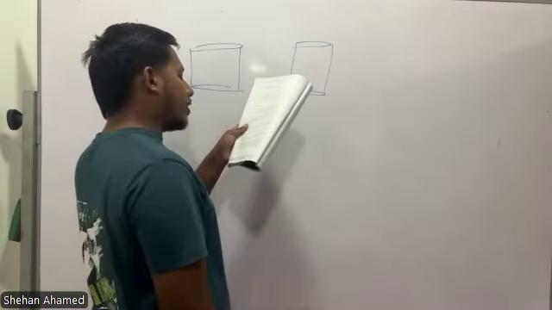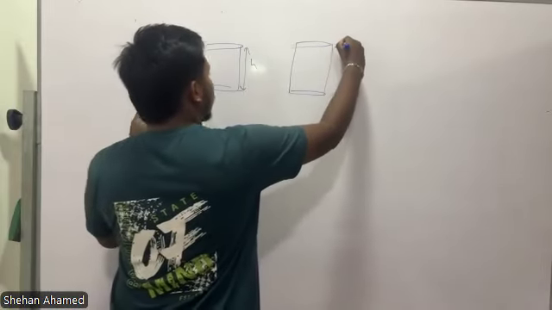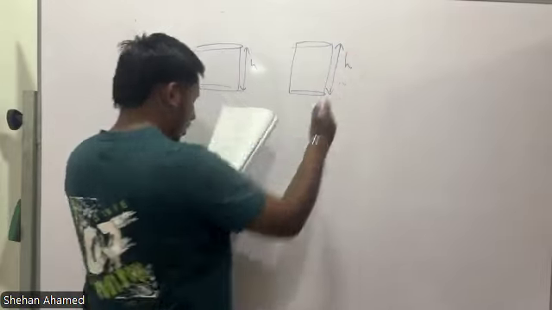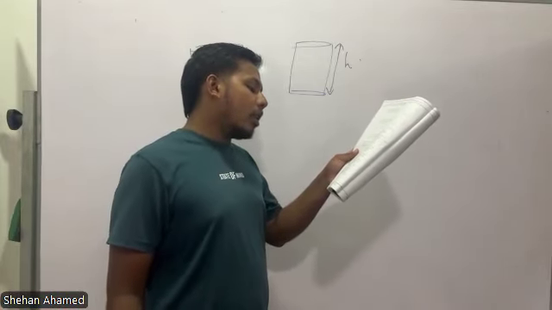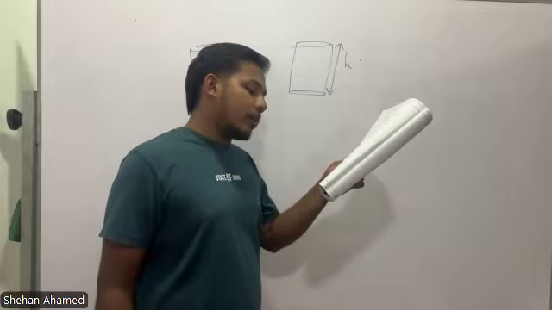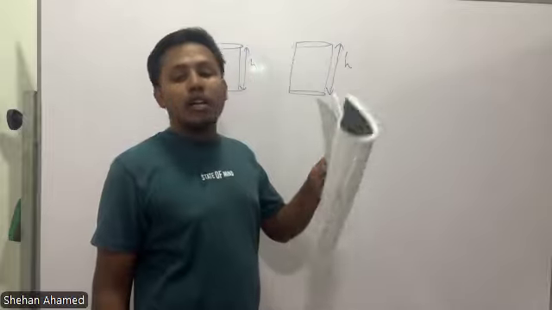So they're telling the heights of the two right circular cylinders are equal, which is h. So this also I'm taking h. And then they're telling the base radius of the smaller of these cylinders is 10 centimeters.